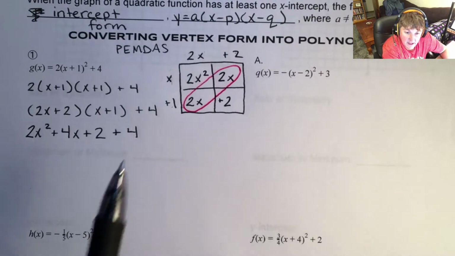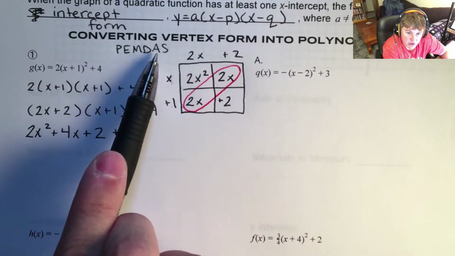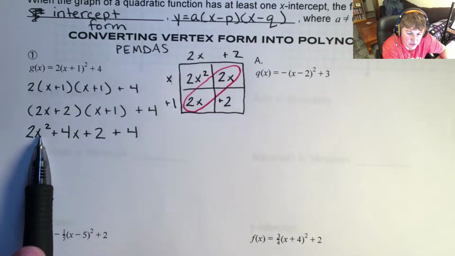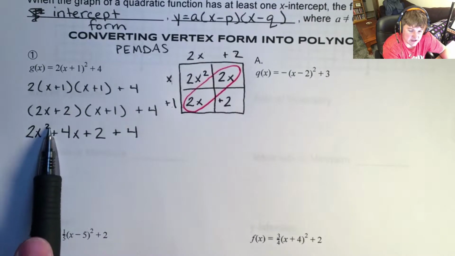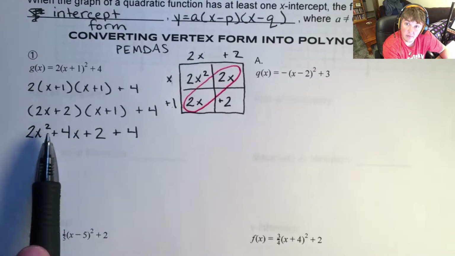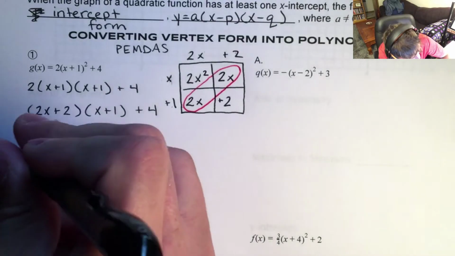Okay, and then lastly, I need to do addition and subtraction, right? So I do have some addition. Well, the thing about like 2x squared and 4x is they cannot be combined together, because this x squared and this x are not like terms. If they were both x squareds, I could combine them, but they're not. I have an x squared and an x, so they're going to stay separate.